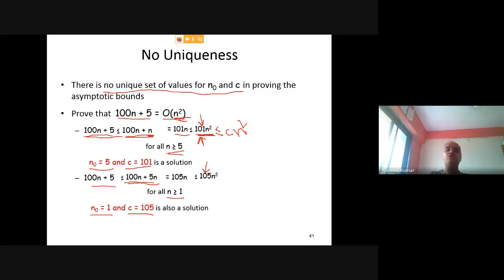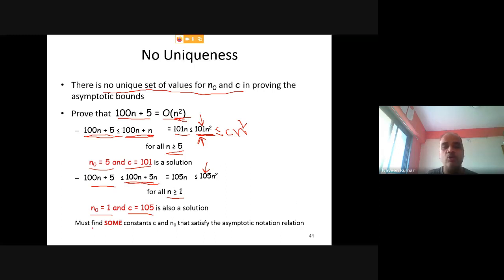Similarly, every student can compute these constants differently, so there is no unique value, correct? It depends on how you have computed. If you change n0, C will change, and if you change C, the other factor n0 will change, right?